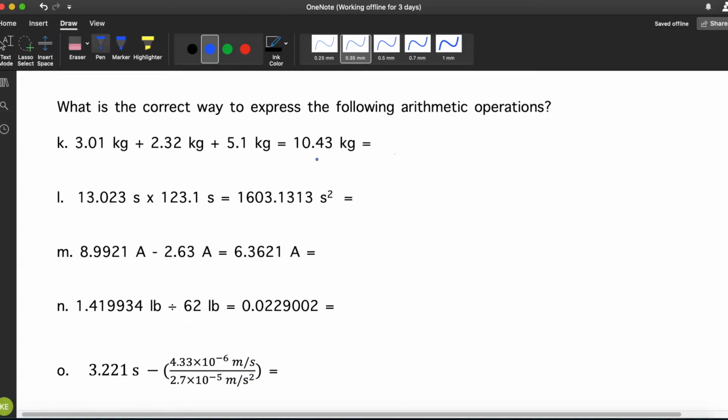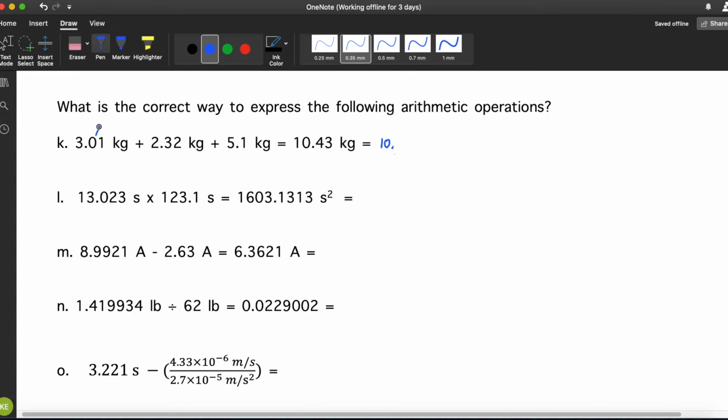The rule in adding or subtracting is that the number of decimal places in the result should be the same as the least number of decimal places in any of the numbers being added or subtracted. So the answer here would be 10 point something. We determine which has the least number of digits after the decimal point.